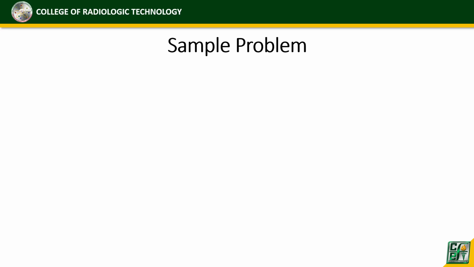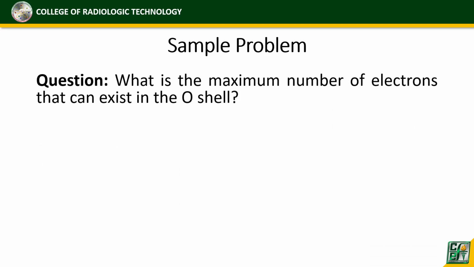Okay, sample problem tayo. What is the maximum number of electrons that can exist in an O shell? Okay, so O shell. So meaning the O shell is the outermost orbital shell. Bakit? Kasi the innermost shell is the K shell. So mag-start tayo sa K. So K, L, M, N, O. So pang ilang orbits ang O shell?